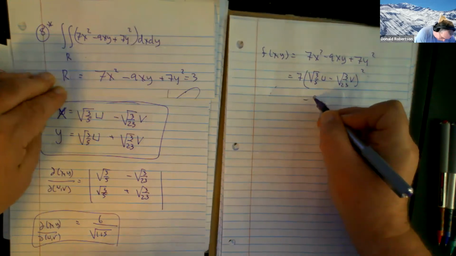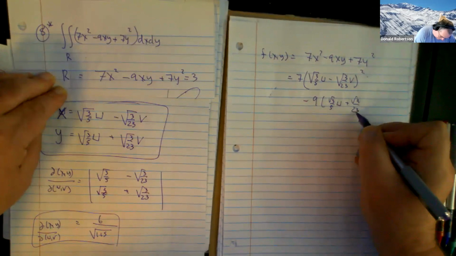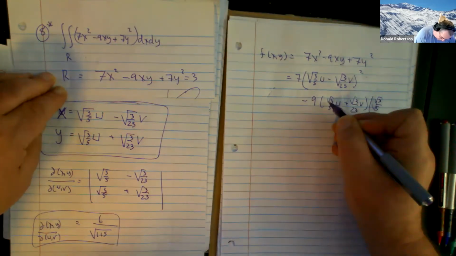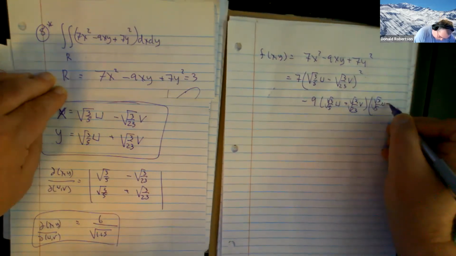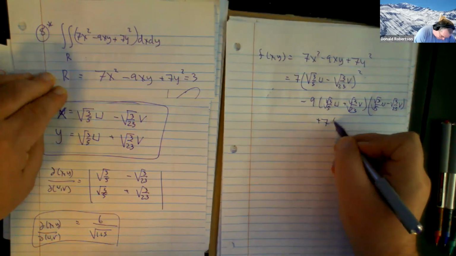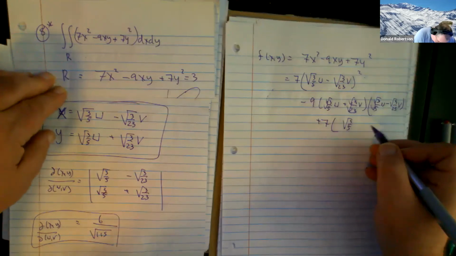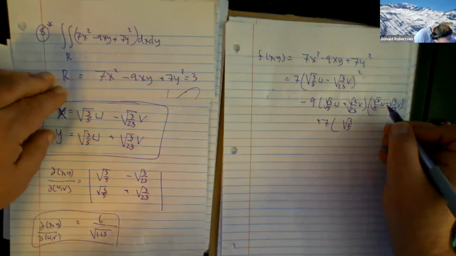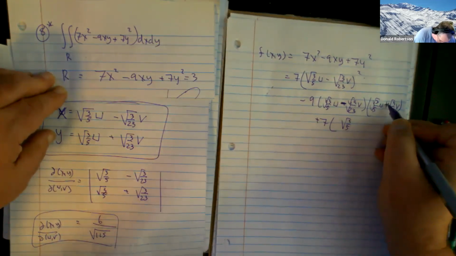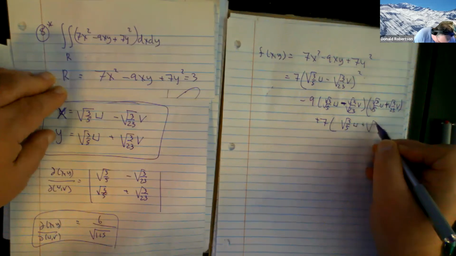That guy, take away 9 times that guy times, plus 7 times, actually that's the minus and that's the plus, not really matters because it's the same product. And this guy here is that guy.